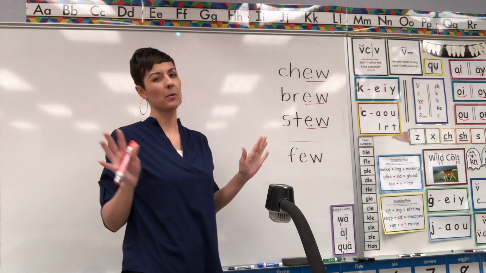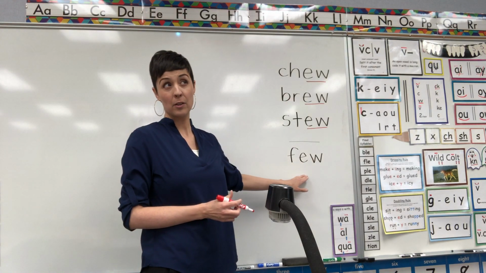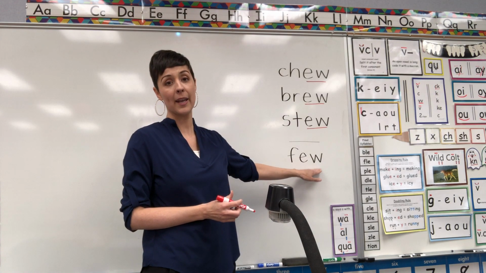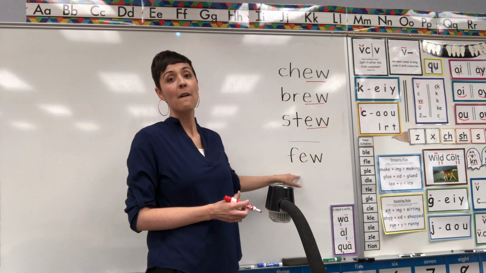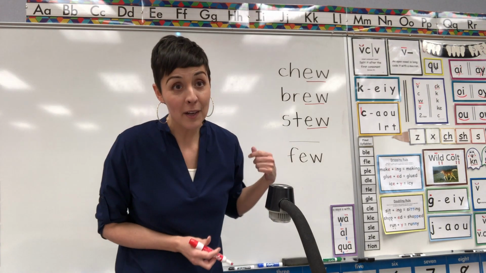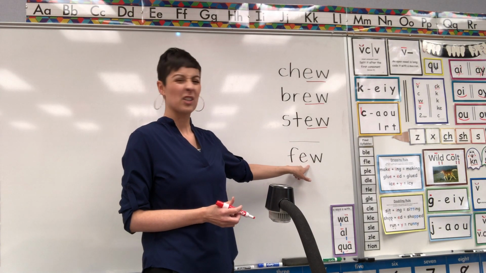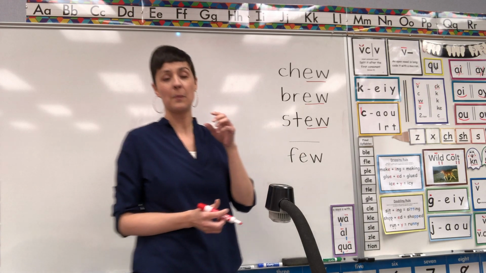Now, here's a little problem. I have an EW at the end of this word too, but in this word, EW is not saying ooh, ooh, ooh. This word is few. What word? Few. And what I want you to do is stretch the U sound in the word few three times like this.